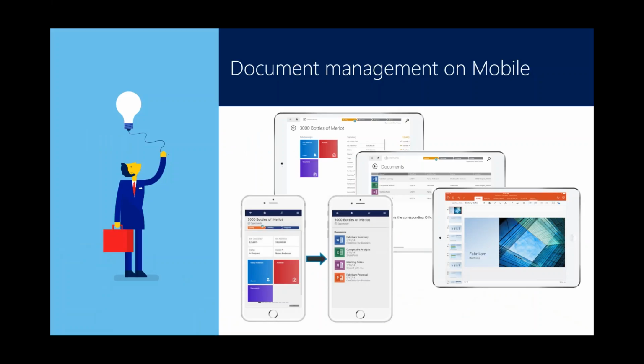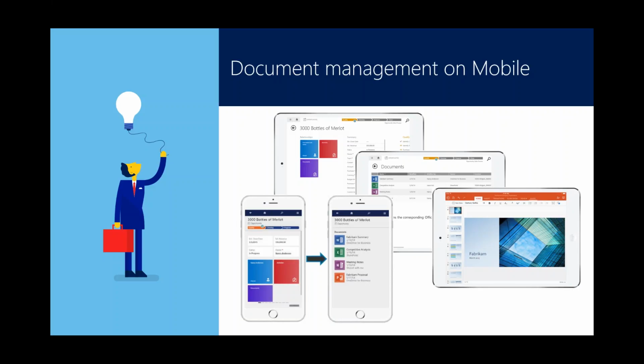If you navigated to the documents area, perhaps because you had SharePoint integration set up within your CRM system, documents were not available on the mobile device. CRM 2016 brings that capability into the mobile client.